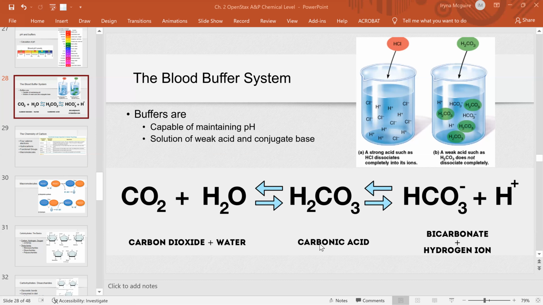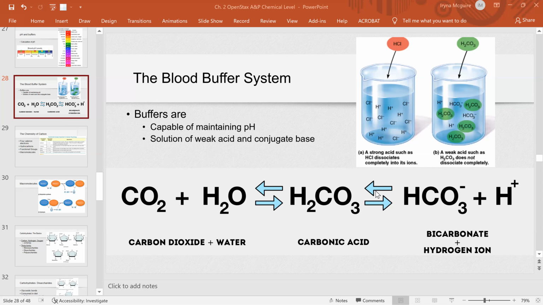That means you have a weak acid, that is carbonic acid, and you have its conjugate base, that is bicarbonate, because carbonic acid will split into bicarbonate and hydrogen ions, but not all the acid will split. So you will end up having all of this. You have carbonic acid, you have bicarbonate and hydrogen ions in your plasma.